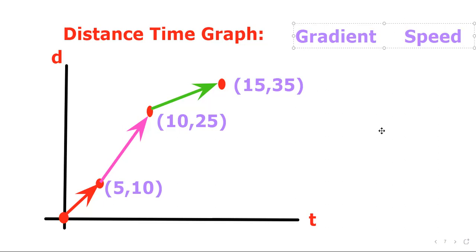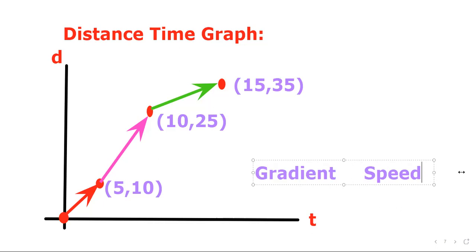So whenever you calculate the gradient of a distance time graph, you are actually calculating the speed of the object. So for a distance time graph, the gradient gives the speed of the object.